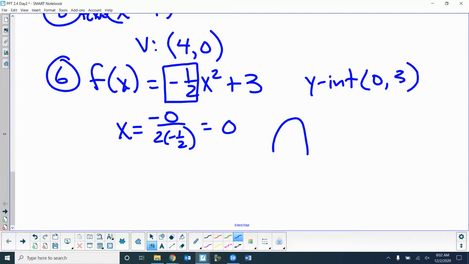So you could figure out the axis of symmetry really quick, that it opens down, and then the y-intercept is (0, 3). And our y-axis is the axis of symmetry, because x is 0, that's the y-axis. This point's (0, 3). So that one matches up with E.